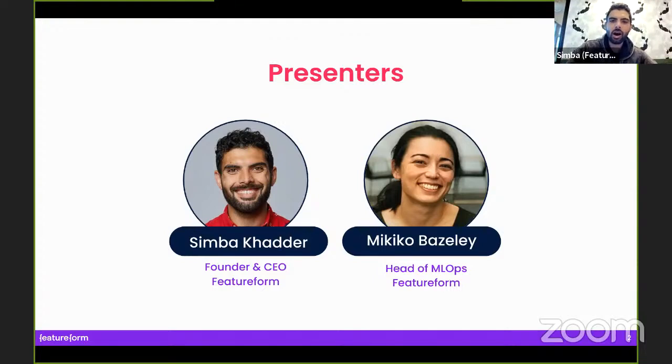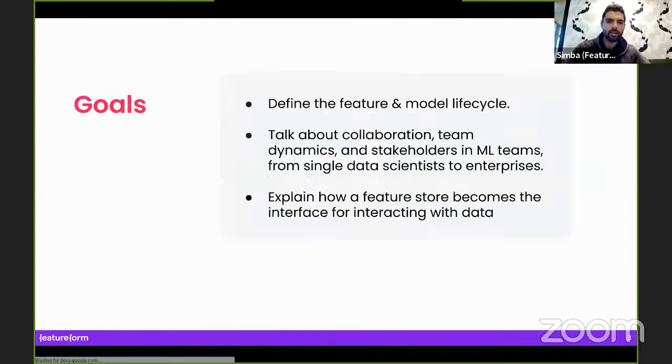Yeah, we'll hop right in, like Makiko said. Our goals today: when you leave this webinar, you should have a clean understanding of at least one way to think about the feature model lifecycle end to end, and a way to think about how team dynamics, collaboration, and stakeholders change as teams go from having a single data scientist to a full-on enterprise data science function.